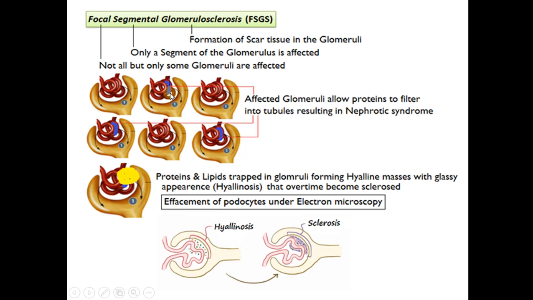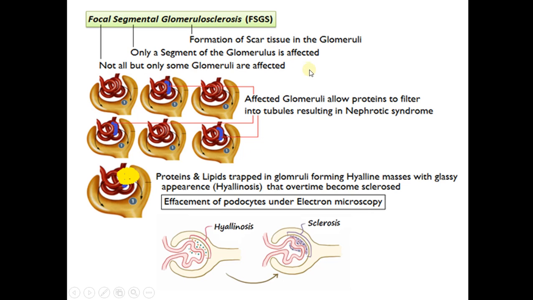And within the glomerulus, a segment of the glomerular capillary is affected, not the whole tuft or the whole length of the capillary. And by glomerulosclerosis, we mean the formation of scar tissue in the glomeruli.